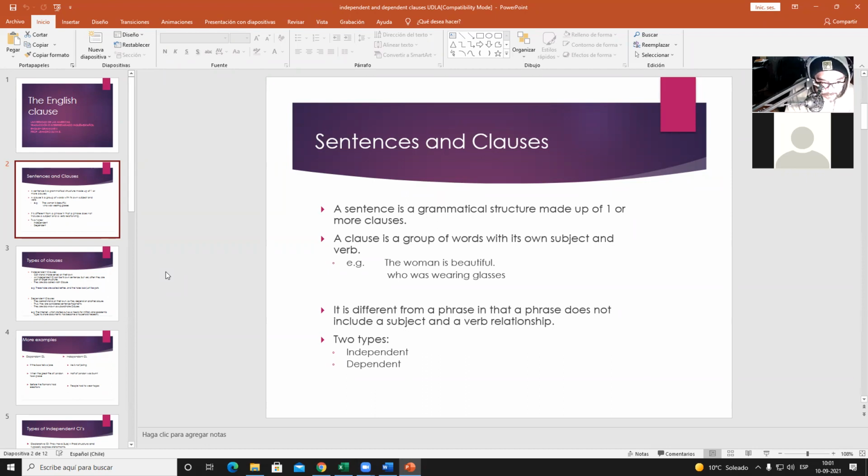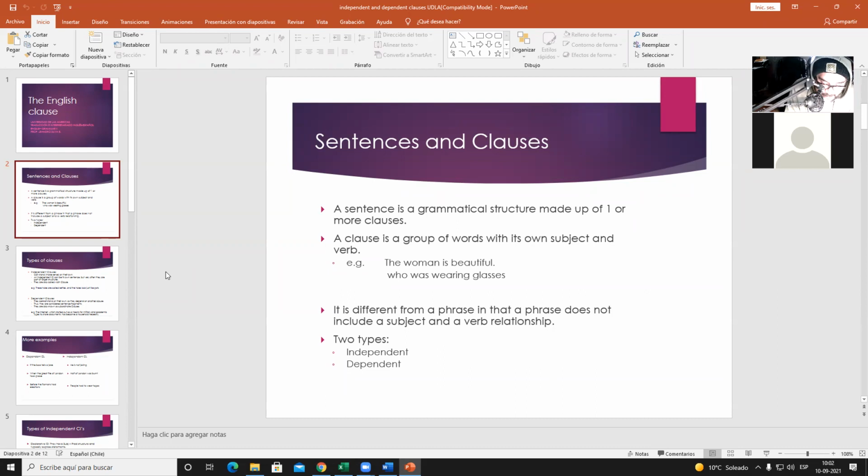Clauses are different from phrases in that a phrase doesn't include a subject and verb relationship. This is also extremely important. Phrases are not clauses. Why? Because a phrase does not have a subject-verb relationship. What does it mean?